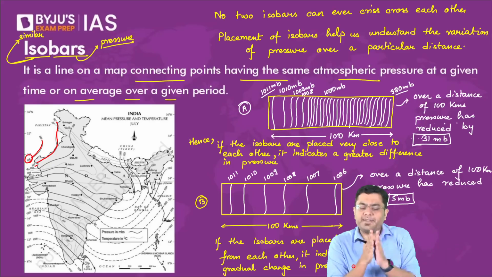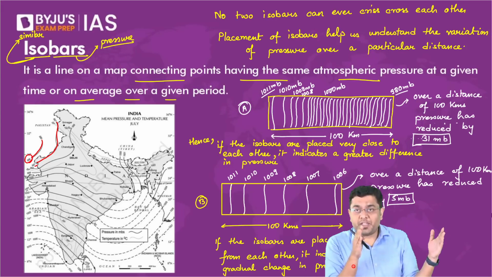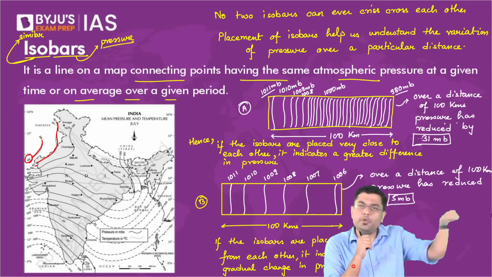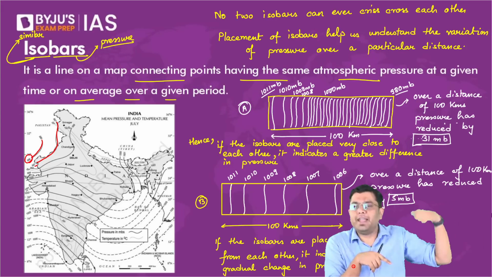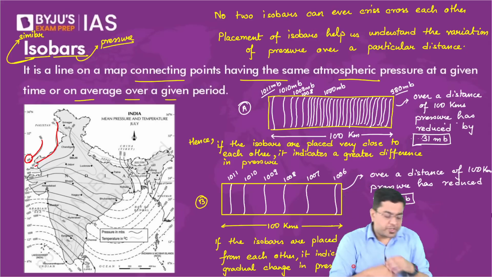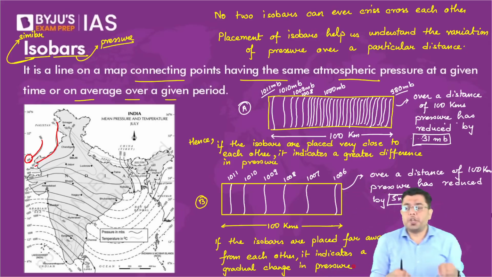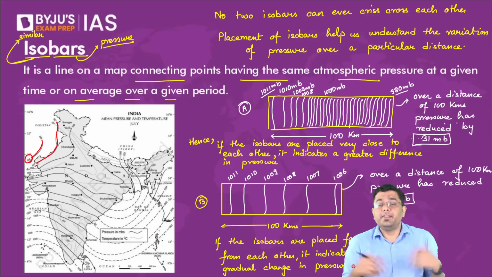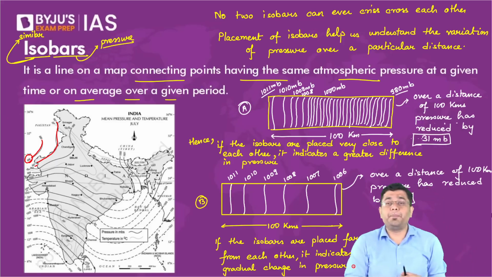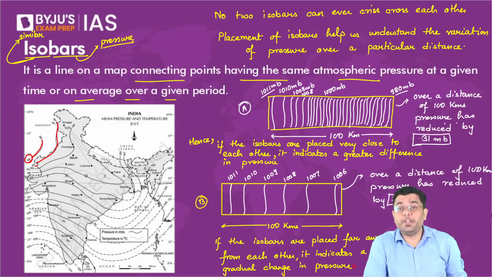If the isobars are very close to each other, that means the pressure is changing suddenly in a short distance. If the isobars are very far away from each other, you have to go a long distance before the pressure starts to change. This variation in pressure over a particular distance is what is referred to as the pressure gradient, or the change in pressure.